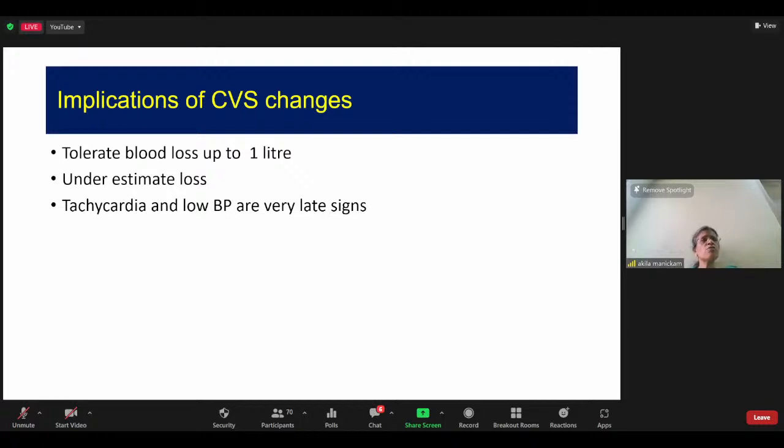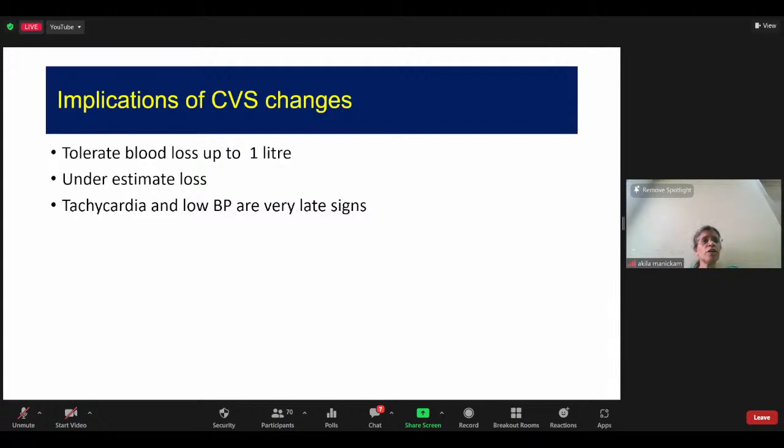And in the presence of a resting tachycardia, and in a scenario where the baby is delivered and you give syntocinon and methergine, your routine vital signs such as heart rate and BP are all confounding factors and may not be reliable. So it's very important to visually estimate the blood loss in the immediate postpartum period and following delivery of the baby during LSCS.